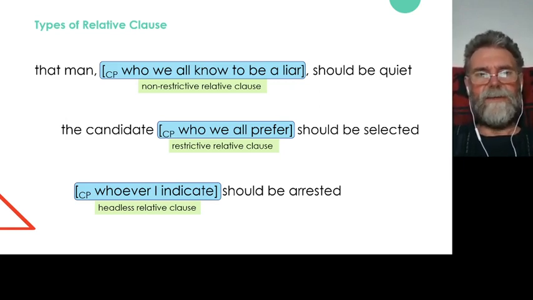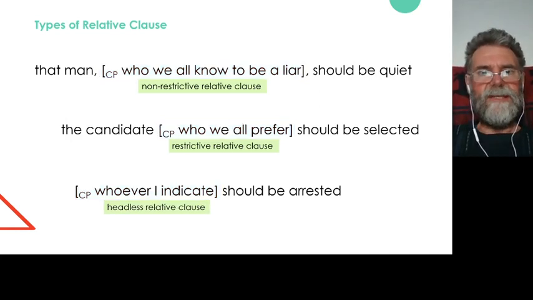So this is pronounced that man, who we all know to be a liar. So there is this slight pause between the man and the relative clause. Contrast that with the restrictive relative clause, where there's no comma and no pause: the candidate who we all prefer. Okay, so we even pronounce these things differently.